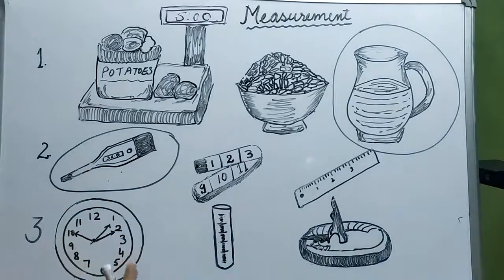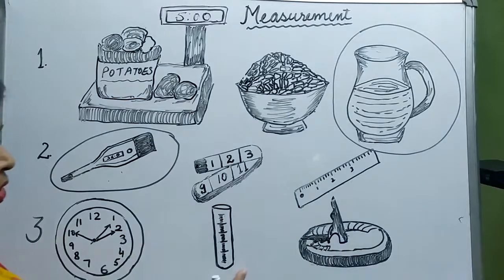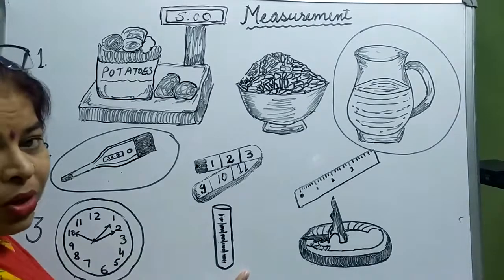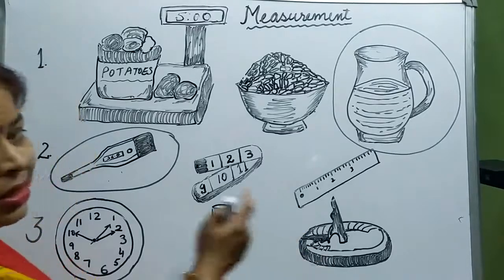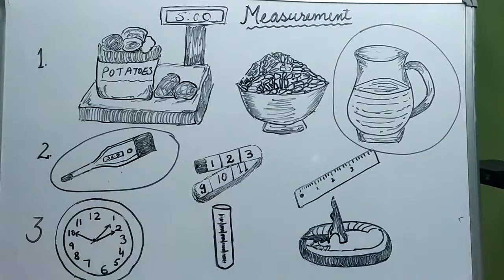What about this? What is it? A clock. This is a test tube, a graduated test tube. And this is a sundial. Now, what is it used to measure? Just to find out the time, the hours during the day or night.